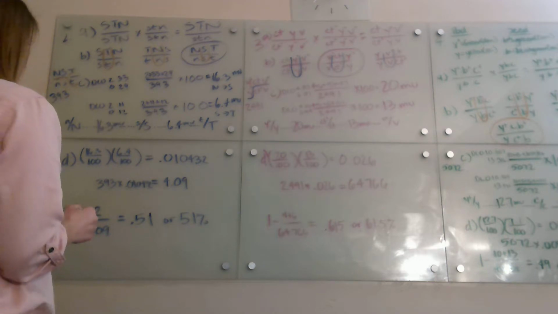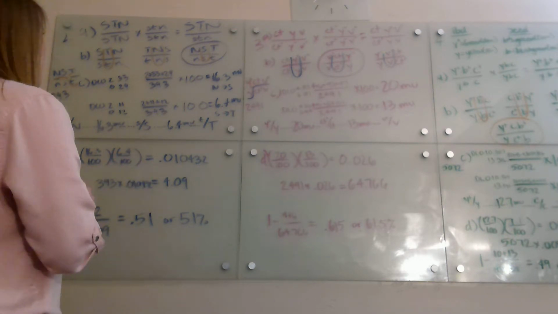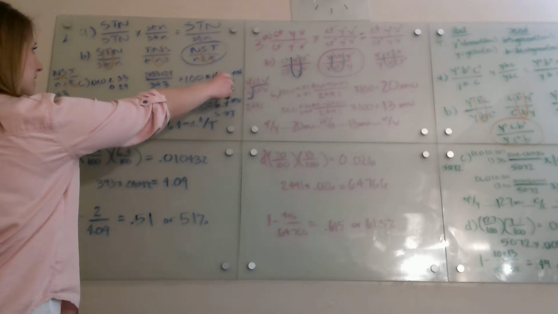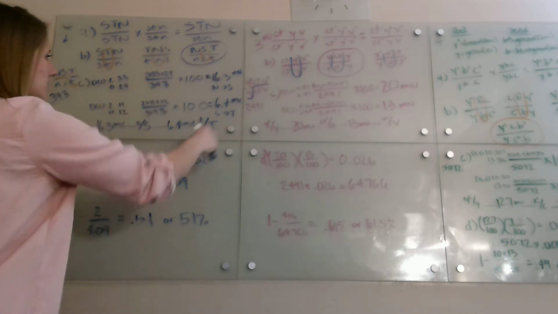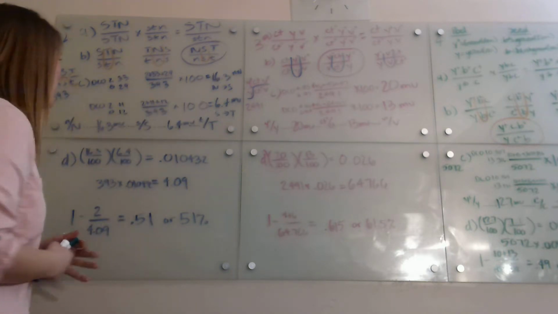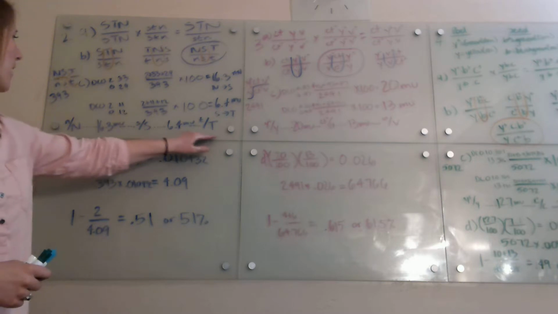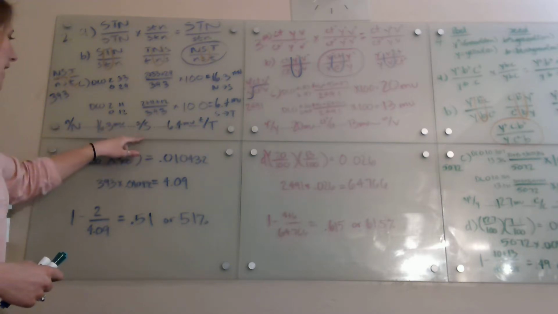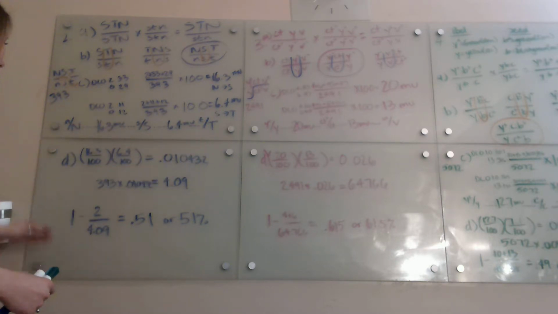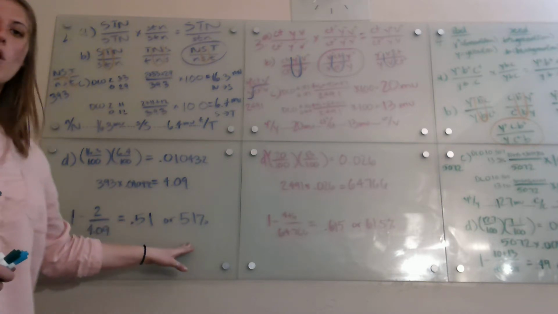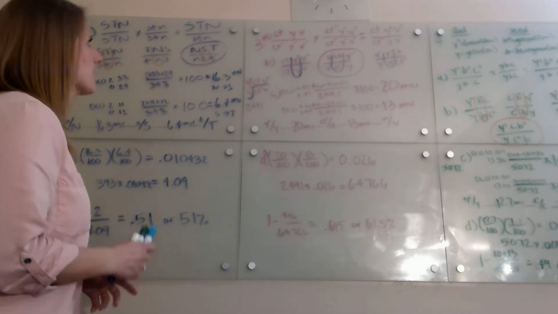Okay. So then to calculate the distance between N and S, we have 16.3 MUs. And the distance between S and T, we have 6.4 MUs. So here's our linkage map right here, 16.3 S, 6.4 T. And then here we've calculated our interference, and you end up getting 0.51 or 51% interference.